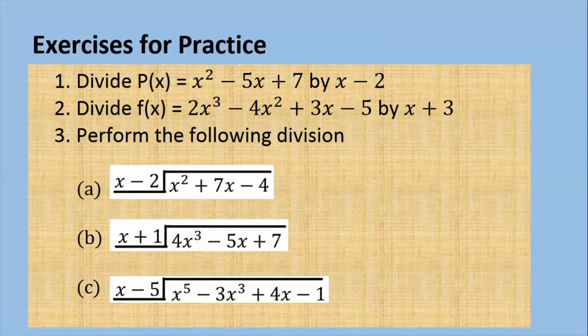Part A, x squared plus 7x minus 4 divided by x minus 2. Part B, x cubed minus 5x plus 7 divided by x plus 1. And finally, x to the power 5 minus 3x cubed plus 4x minus 1 divided by x minus 5.